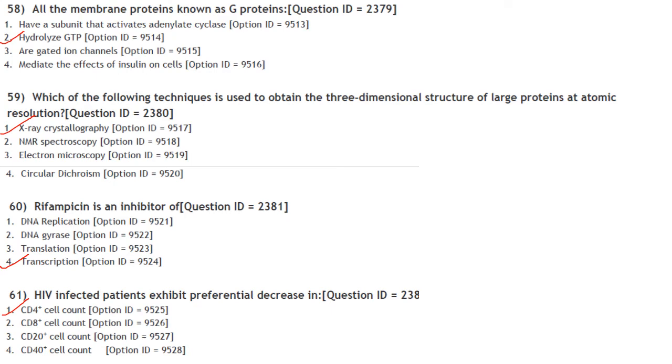So HIV binds to CD4 molecule on the surface of T helper cell, and then it replicates within them. This results in the destruction of CD4 plus T cells and leads to a steady decline in the population of T cells. So the answer here is option 1, that is CD4 plus cell count.